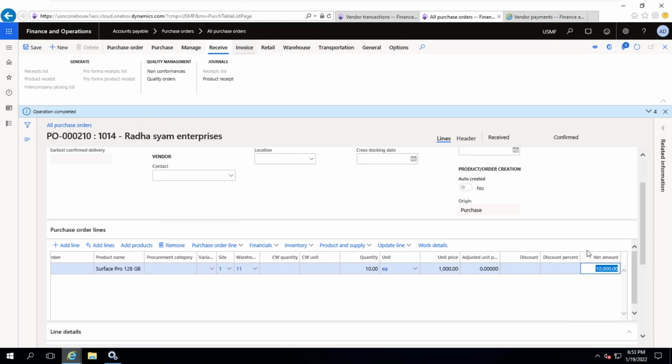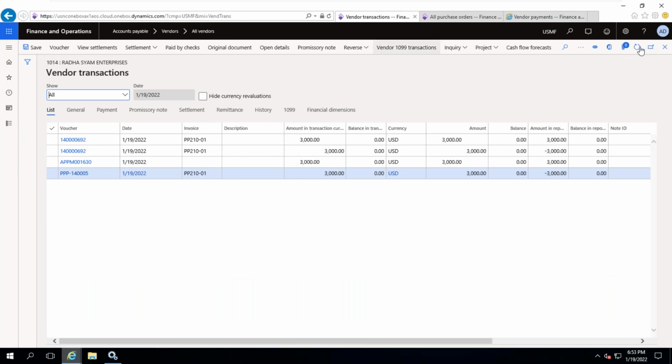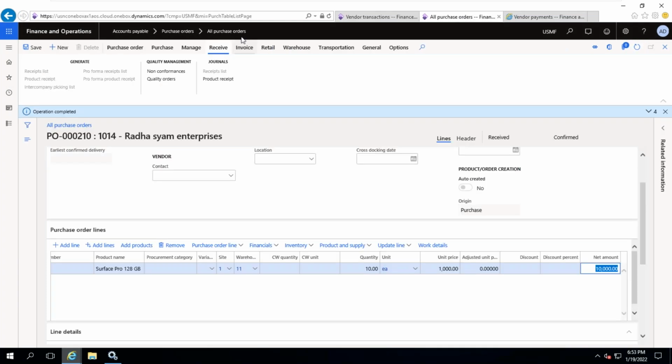So the product receipt is updated. Now if you verify the voucher transactions, there is no change because for the vendor there is no impact from the product receipt. Now I'm doing the invoice: generate invoice tab, generate area page, invoice button.